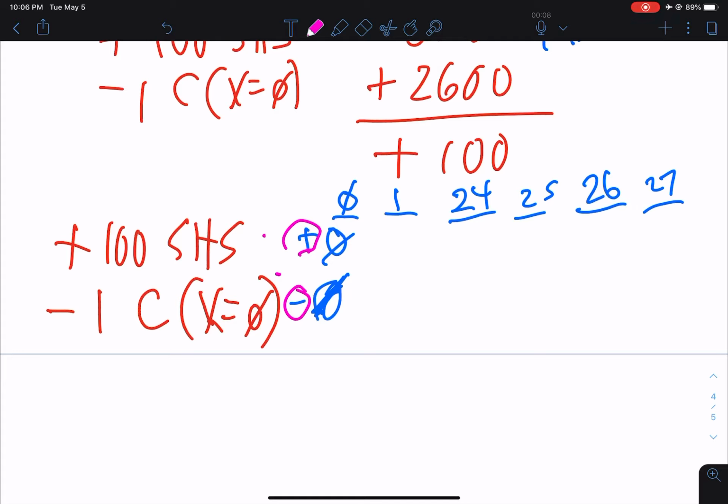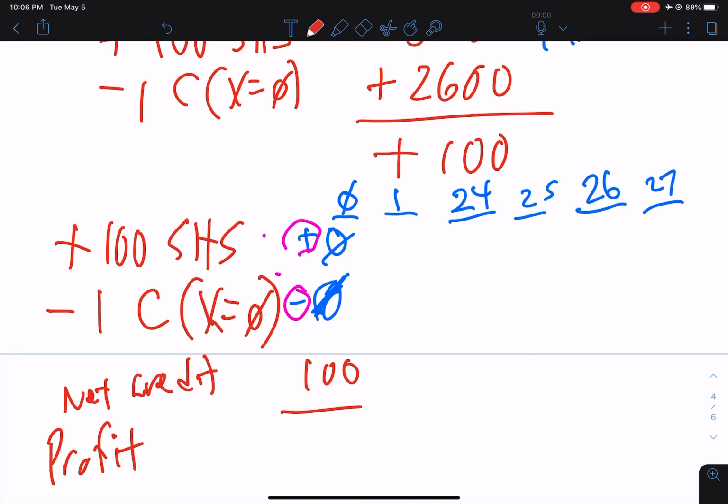But they sum to 0, but don't forget that our cash flow at position initiation, our net credit, was $100. So we can talk about our profit, if stock price is 0, being $100. What if stock price is 1 at option expiration? Well, our 100 shares are worth $100. Okay?